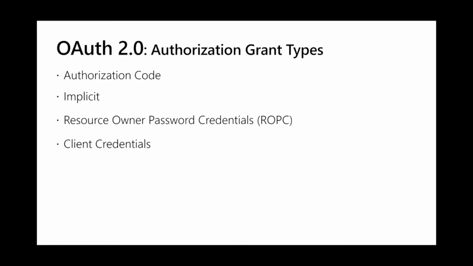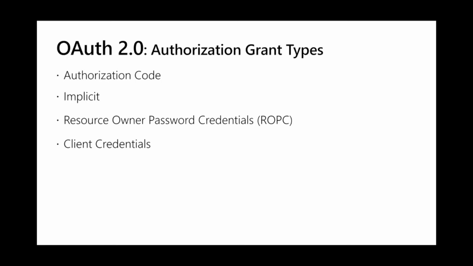Authorization code is used by web apps on a server. They will get an authorization code, which will later be redeemed for an access token. When used on mobile apps, Proof Key for Code Exchange, or PKCE, is implemented, which protects against man-in-the-middle attacks. There's also the implicit flow, which is used by JavaScript apps or single-page applications, which execute directly on the user's browser.